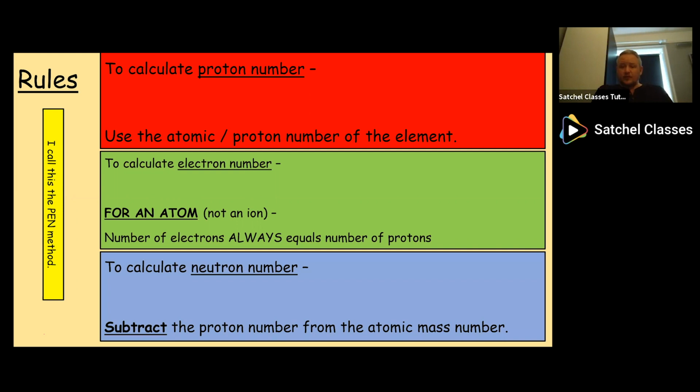To calculate the neutron number, that's not too difficult when you think about it, because if the atomic mass number is the number of protons and neutrons, and someone tells me the proton number, then the difference is the neutron number. So to calculate the neutron number, subtract the proton number from the atomic mass number. Let's take a look at some examples.